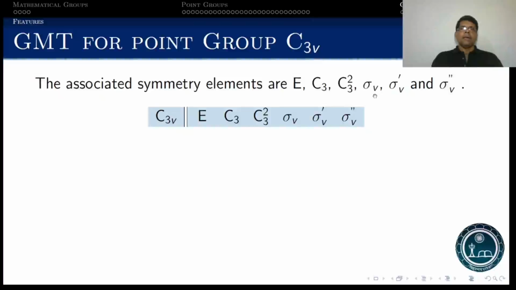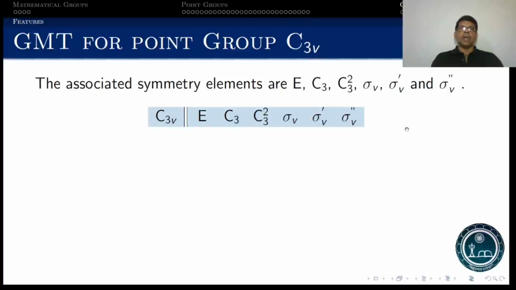Then you may think, why is there C3 square? In order to form a mathematical group in the case of symmetry elements, there are four different rules. Out of these, one is the closure rule. You may be remembering the closure rule. I have told you the necessity of this C3 square symmetry element.